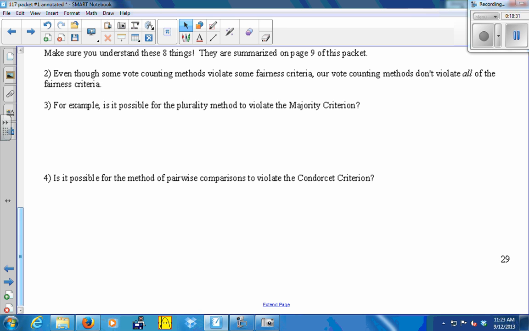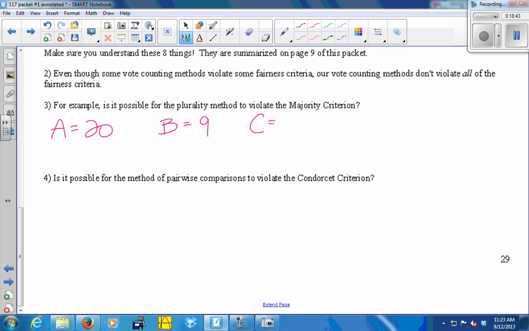So let's make up a quick election. Here are the results. A gets 20 votes. B gets 9, and C gets 5. How many total votes are there in this election? 34.